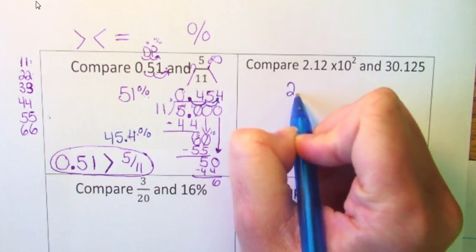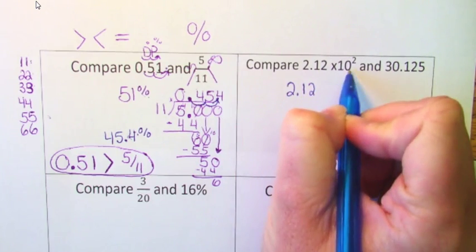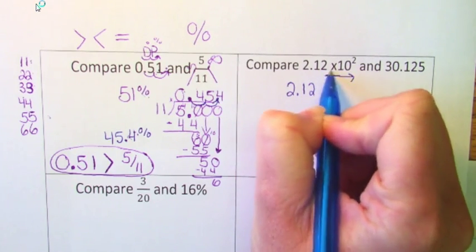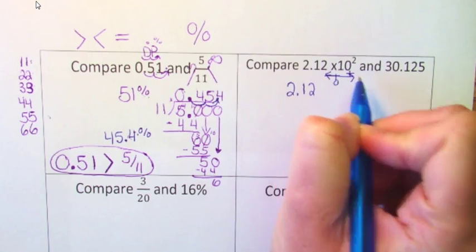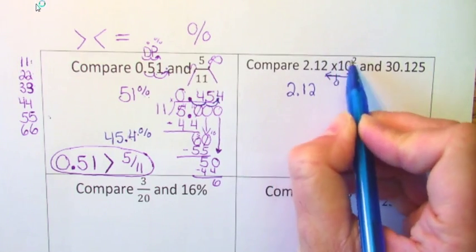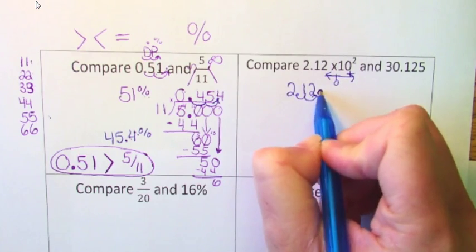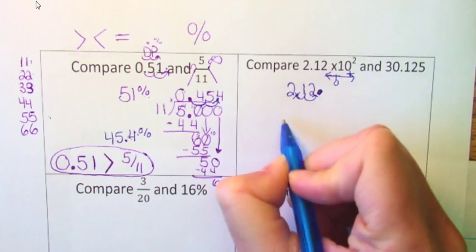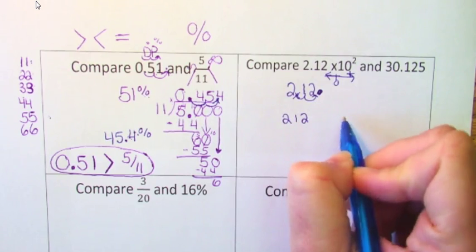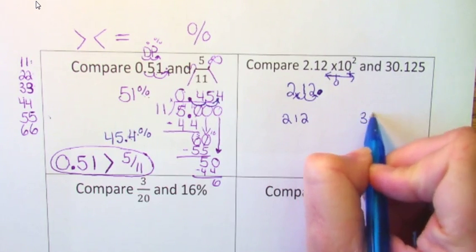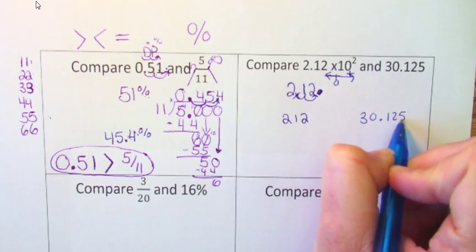So to do that, I have 2.12. Think of that positive number. We've been working on this. Positives are to the right on the number line, which means I need to move 2 times. So my new decimal's here. This one's gone. So I have 212. And then I also have 30.125.